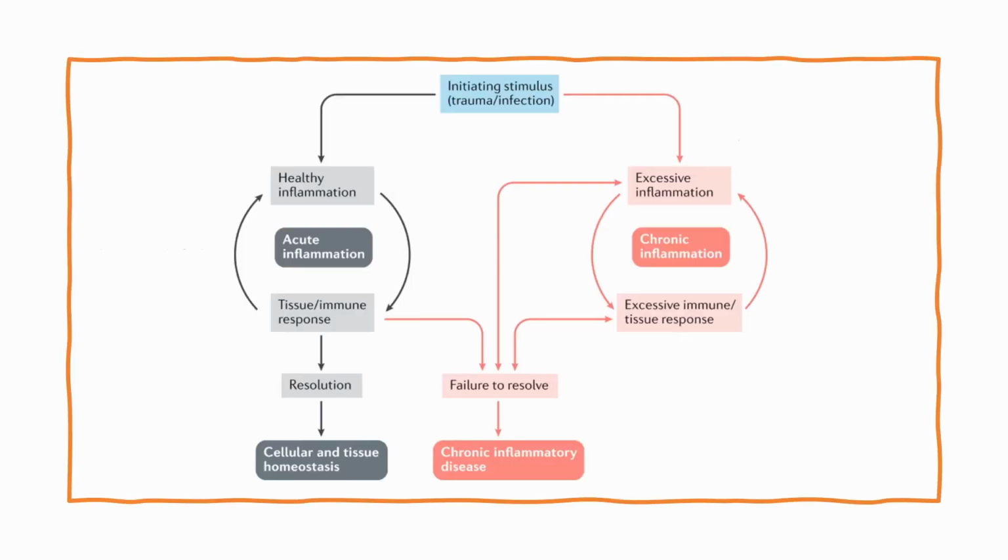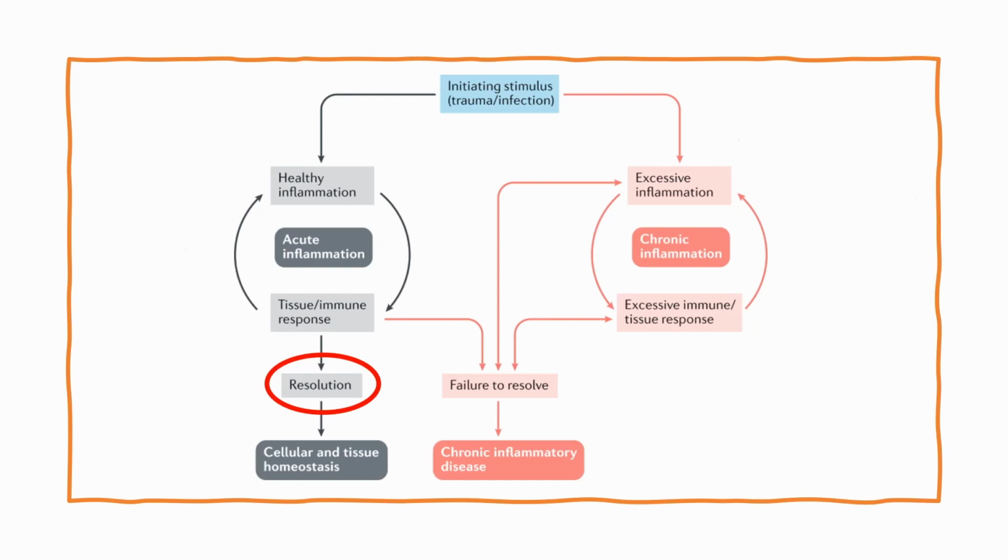So here we have the normal inflammatory response on your left in the gray boxes. Inflammation is healthy as long as it is an acute inflammation, tissue is being repaired, the immune response is being done, and then the most important thing is that there is resolution.